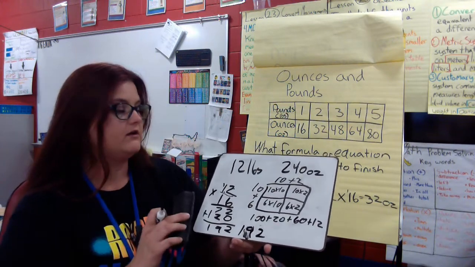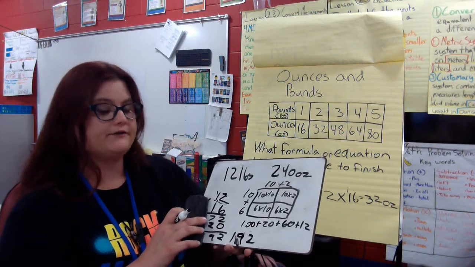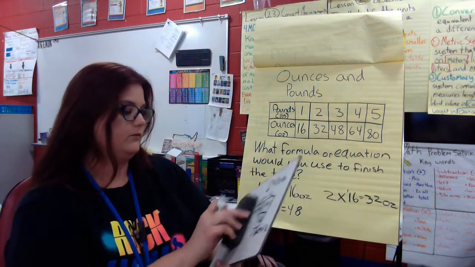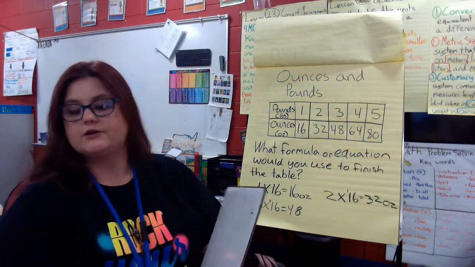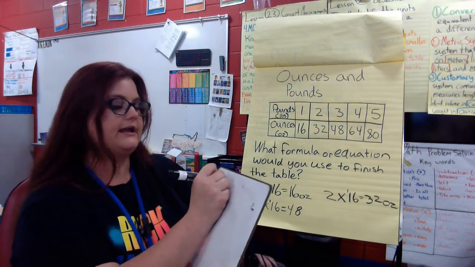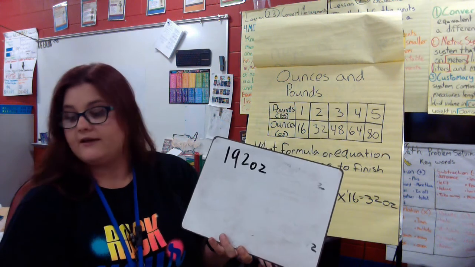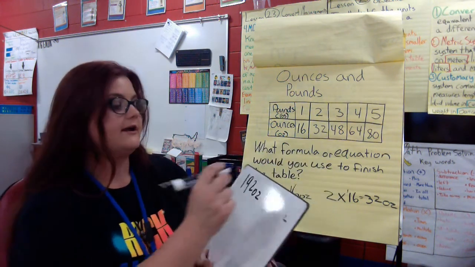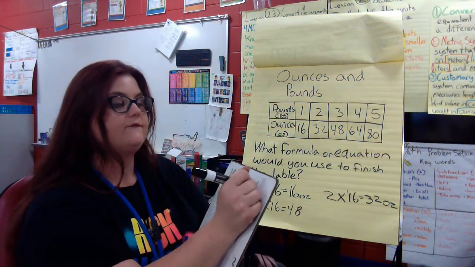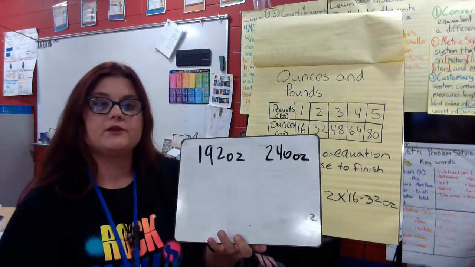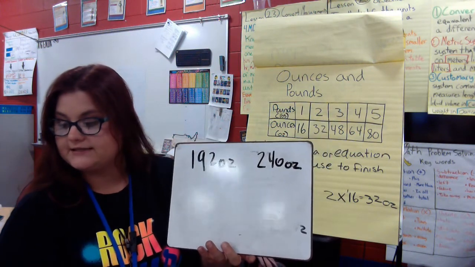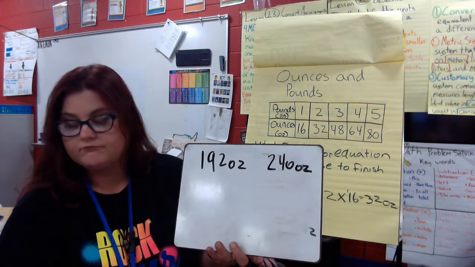You can pause the video if you need to write this down, but I'm going to go ahead and erase so I can move on. So we had 192 ounces is how much that cat's going to weigh. The cat carrier said that it can carry 240 ounces. So the question was, can the carrier hold her cat?